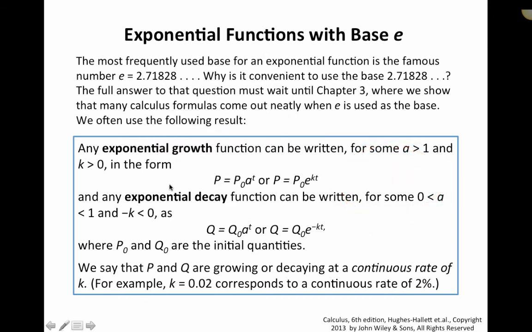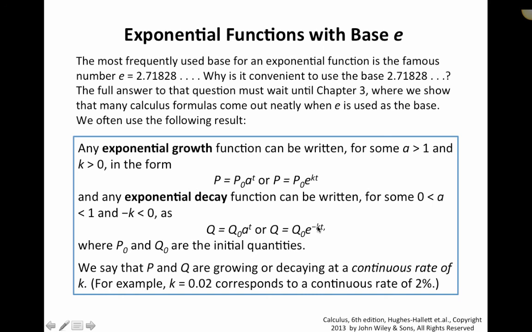Now, if it's exponential decay, we write it a little differently. For exponential decay, we start off with Q naught times a to the t. Or if we want to write that in terms of e, we say Q equals Q naught e to the negative kt, where a is now equaling e to the negative k.